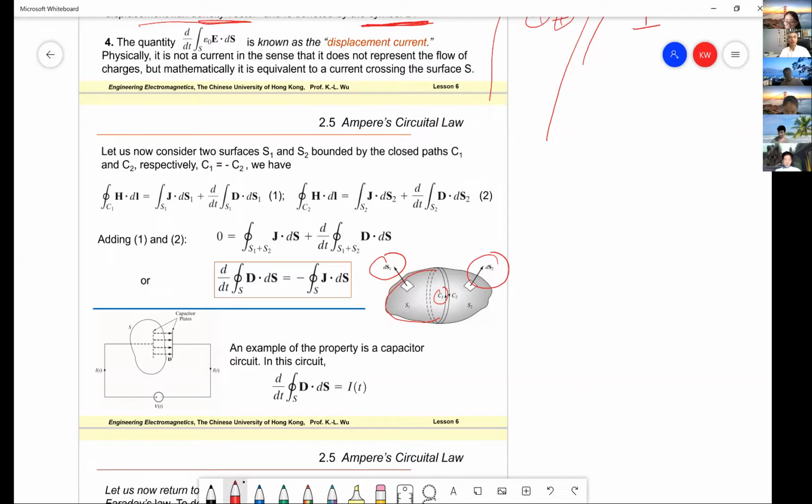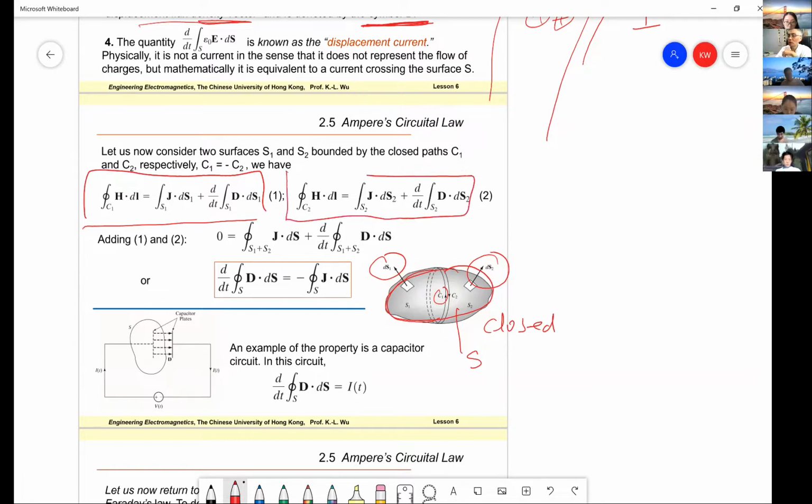I have S2. Therefore, if C1 and C2 coincide with each other, I form a complete closed surface S, right? This is a closed surface S. Then we apply the general Ampere's law twice. One applied to C1 and S1, and another applied to C2 and S2. Why do I add them together?